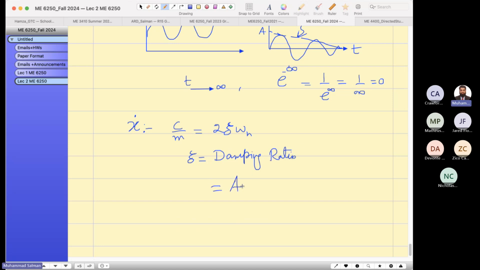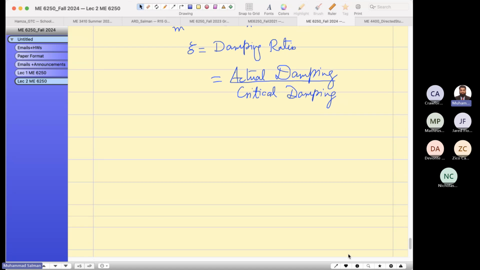What does damping ratio mean? Actual damping divided by the critical damping.